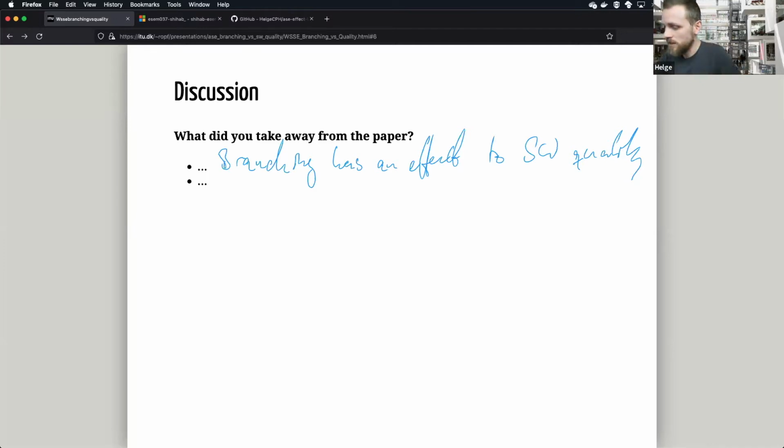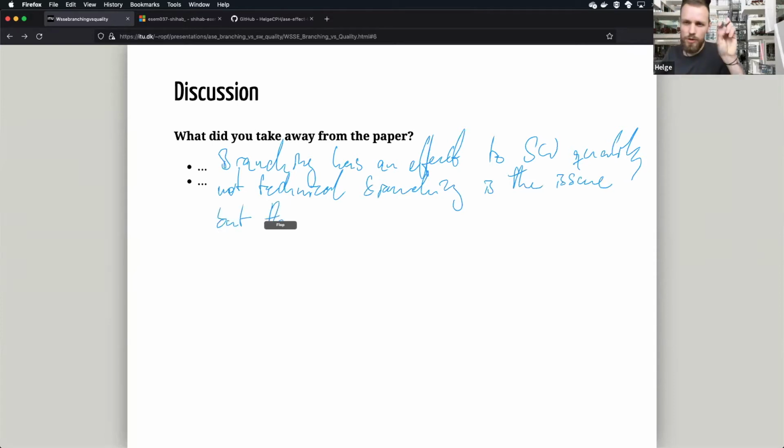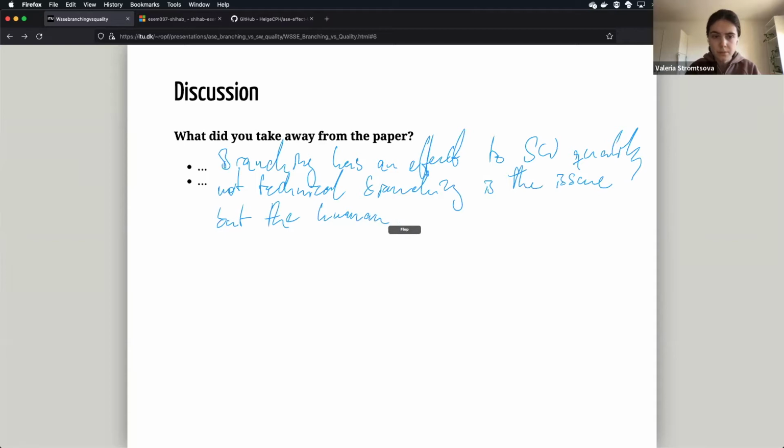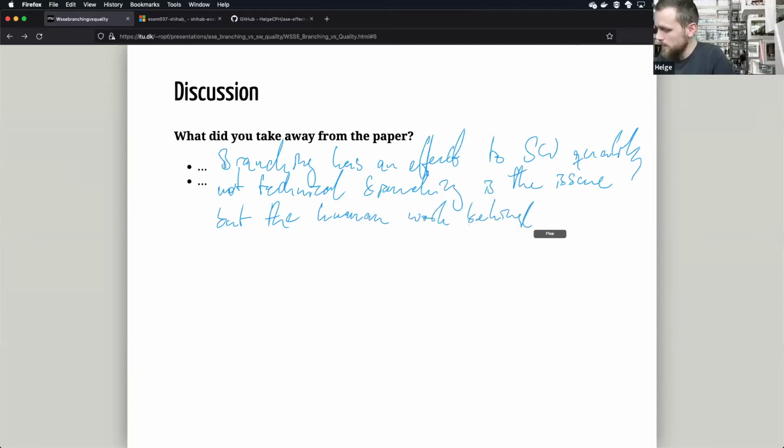How to write it down? Not technical branching is the issue, but I would call it the human work or the human processes behind it. This is what I understand you saying. Yes, exactly. That's a nice observation. We as humans build software.